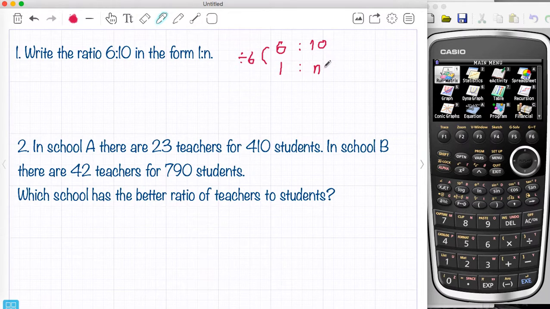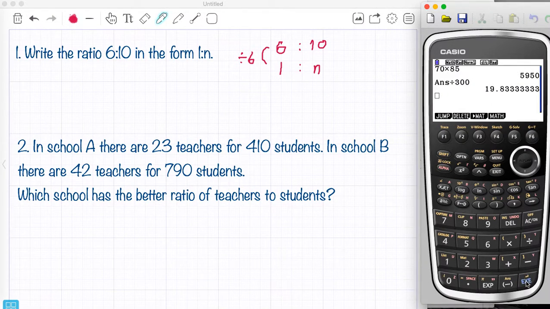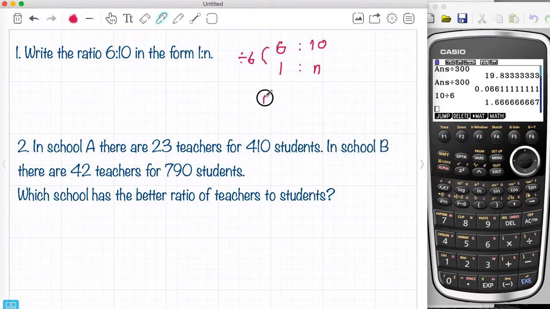So you're going to take the 10 and divide it by 6 as well. Let's do 10 divided by 6, and we get 1.66, or if I was to round that, it'd be 1.67. So 6 to 10 is 1 to 1.67.